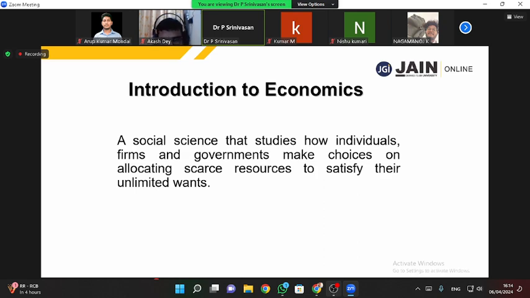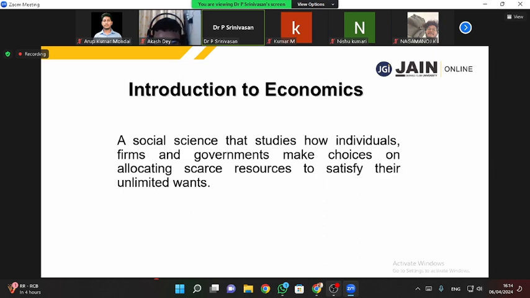If you look at the textbooks, whether managerial economics, principles of economics, or business economics, they refer to four factors: land, labor, capital, and organization, or entrepreneurship. We call these the four factor inputs.